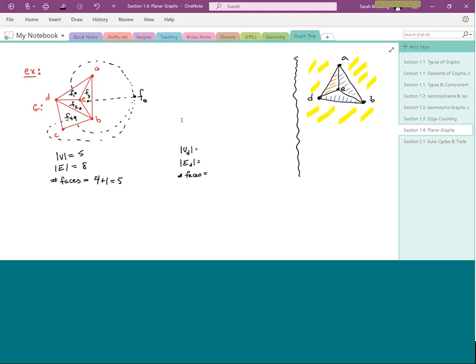Anybody spot some other edges we can put in the dual? In other words, if you forgot about the unbounded face, what are some edges that you would still get in the dual? Yep, you could have an edge between F1 and F2.